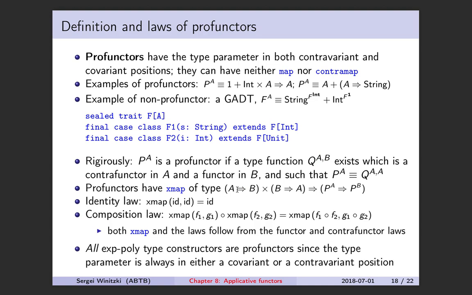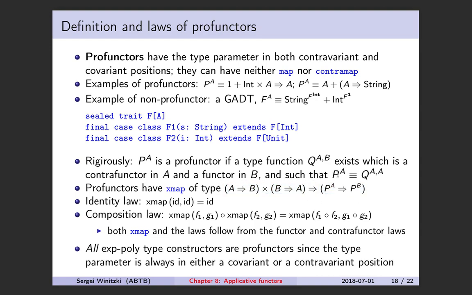Because we assumed that Q exists, and so it has a map and a contramap, then obviously P will have an xmap, what is called in the Scala Z library. In the CATS library it is called IMAP. Not sure what is a good name, but let me call it xmap. So this will be defined.